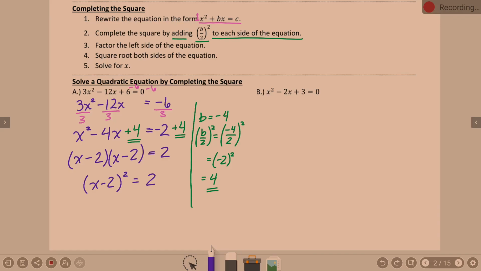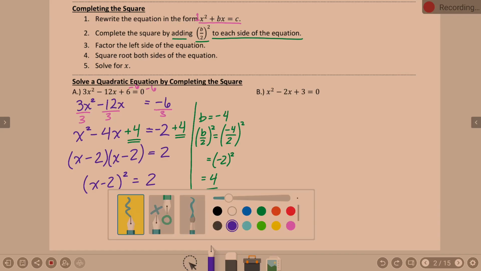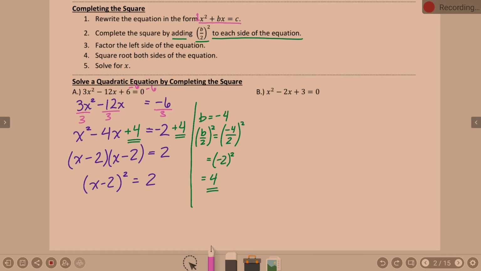Step 4, square root both sides of the equation. You know what to do here? We've already done this today, haven't we? This is up top when you're like, ugh, why are we solving it like this? Here's why. So square root both sides. On the left, what's the square root of x minus 2 squared?